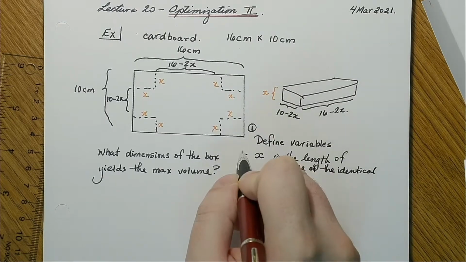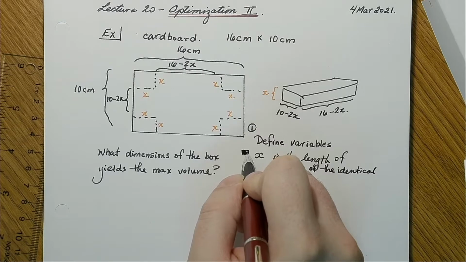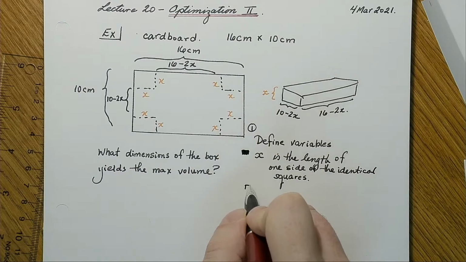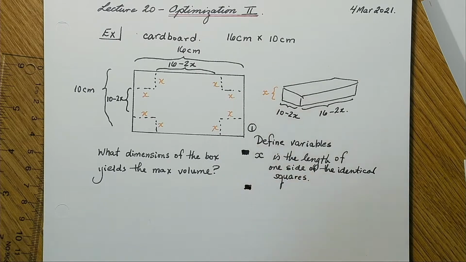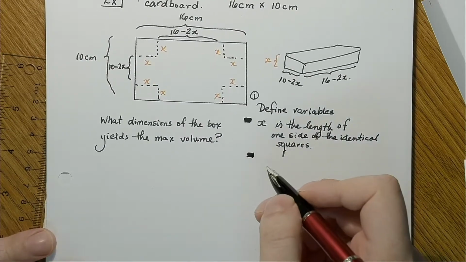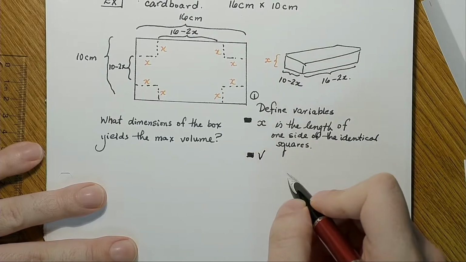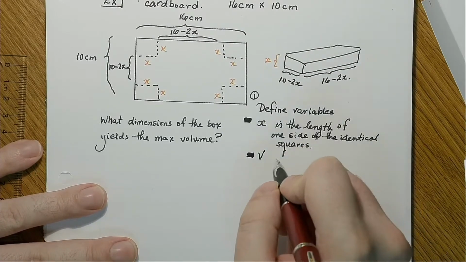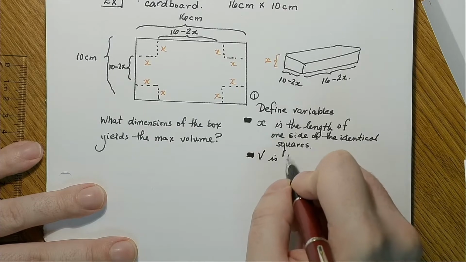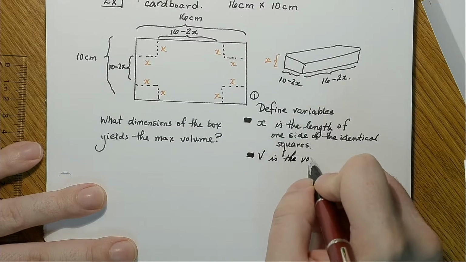I don't want to have a minus. I'm going to just make it a box. There we go. So what's the next one? I'm trying to not use symbols that people using a dash could take as a negative sign, so I don't want that. Then the other one, I'm going to use V for volume. So V is the volume of the box.